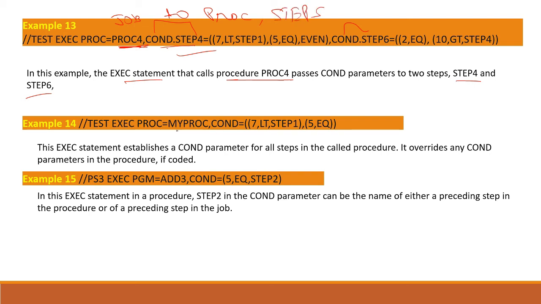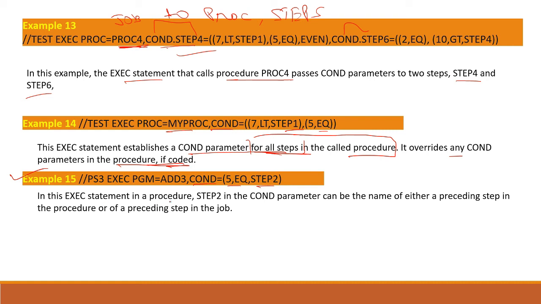We have one PROC, MYPROC, and it has the COND parameter equal to this one. So what it will do, the EXEC statement establishes a COND parameter for all steps in the procedure. It overrides any COND parameter in the procedure if coded. We have example 15, where we have the program COND 5 equal to the return code of step 2.